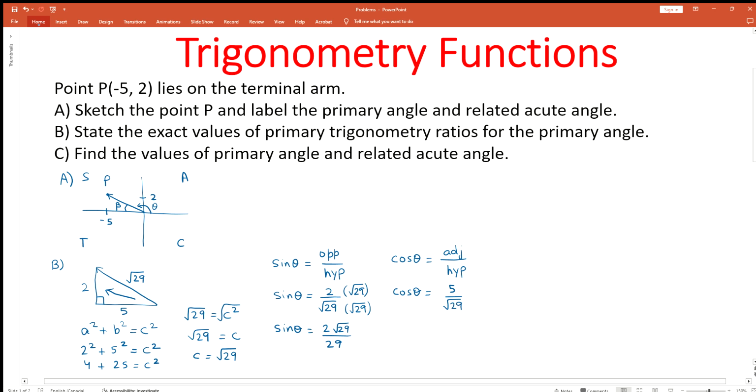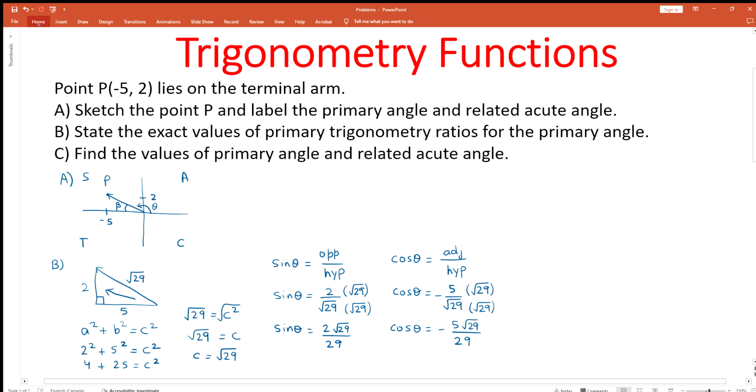In quadrant 2, cos is negative, so the answer for cos is negative 5 over square root 29. We can rationalize this fraction. We should multiply the numerator and the denominator by square root 29. I get negative 5 square root 29 over 29. This should be the exact value of cos theta.